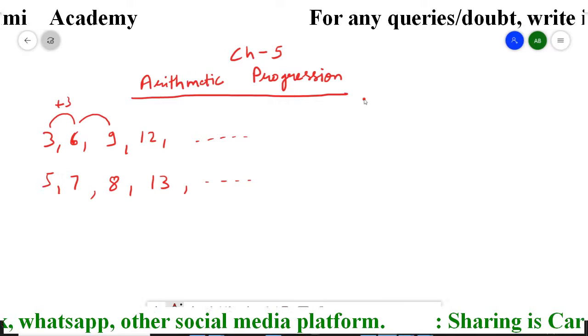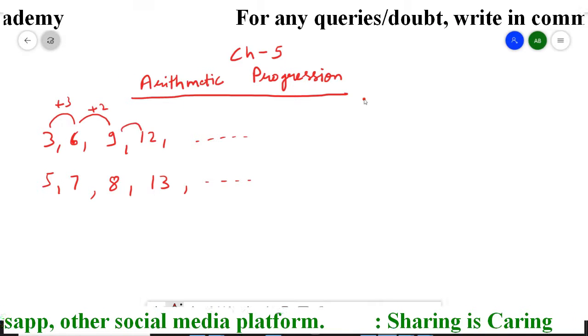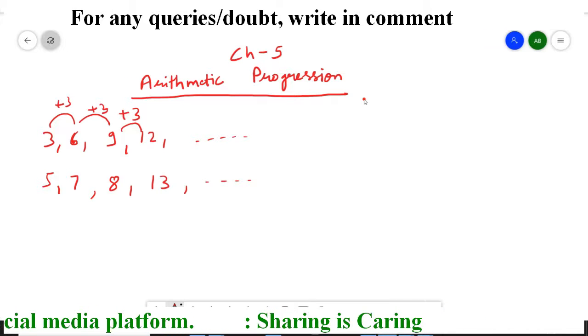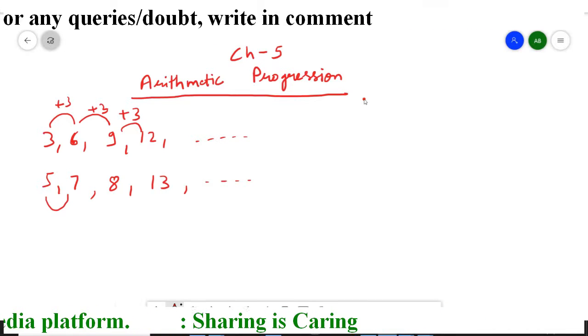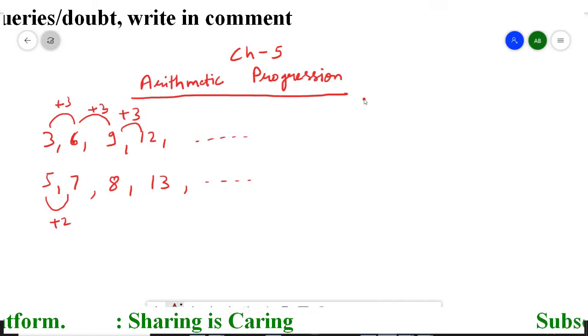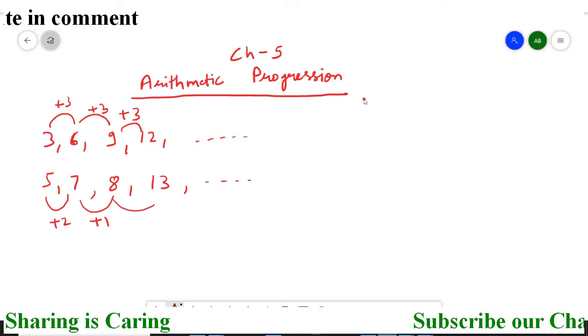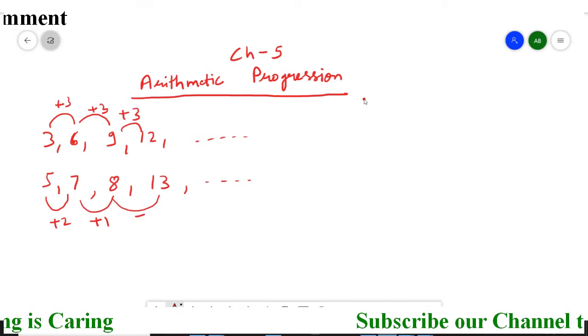So you can see that the difference between two consecutive terms of this series is 3. In the other series, the difference between 5 and 7 is plus 2, and the difference between 7 and 8 is plus 1, and between 8 and 13 is 5.